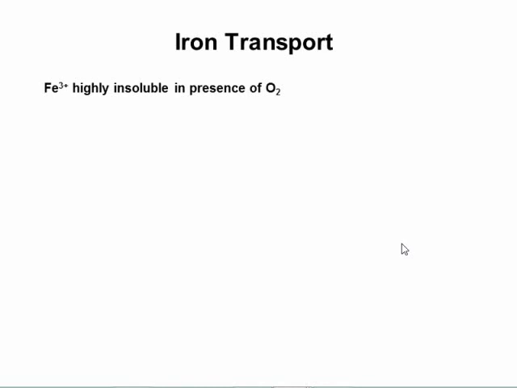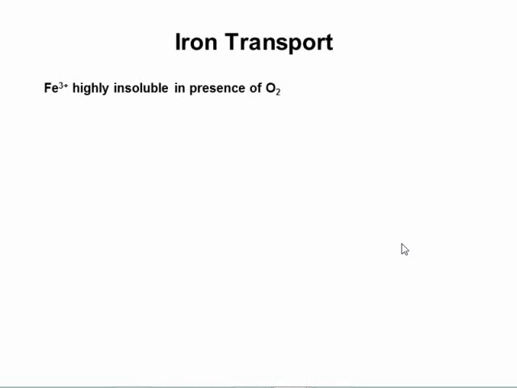Okay, it's a problem for pretty much every species of bacterium is how to get iron, because it's an essential cofactor for all sorts of very important enzymes, and in an aerobic environment, iron is highly insoluble.